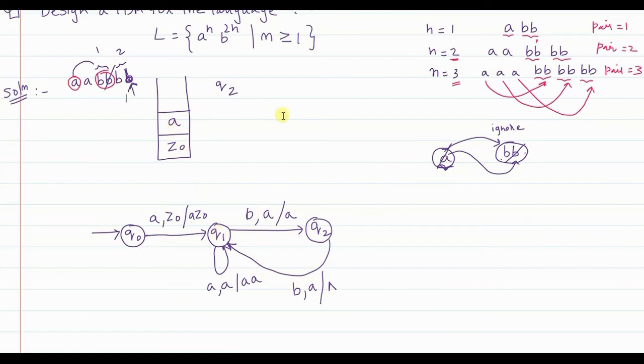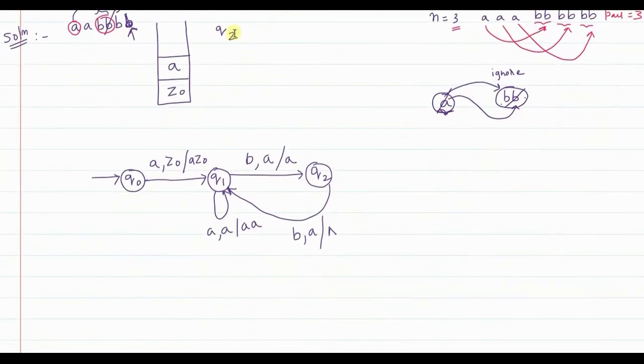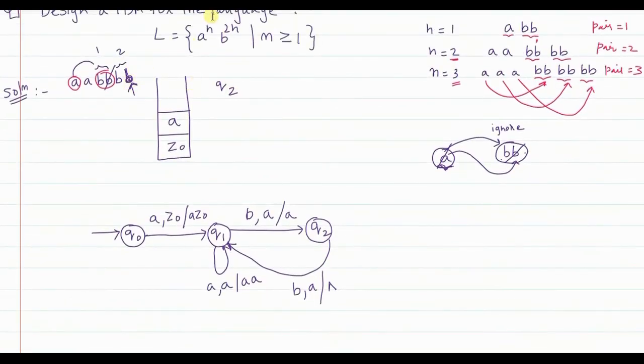So what we did: the first B we ignored, and now in Q2 state, when the second B is encountered, I will cancel out this second B with this A, that means A will be popped out, and the pointer will be incremented by 1.